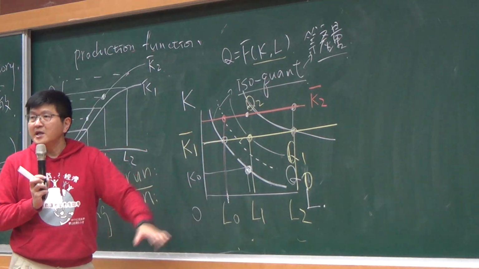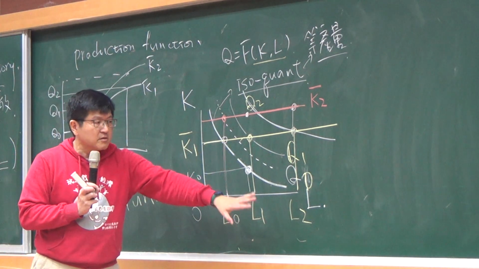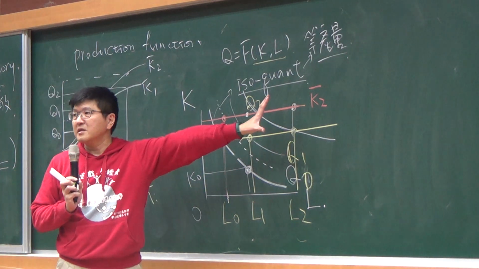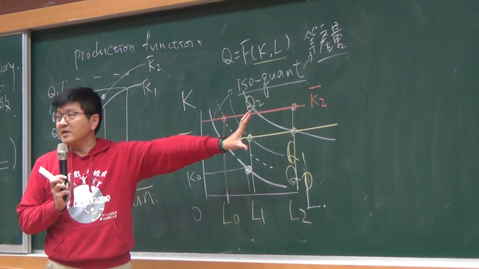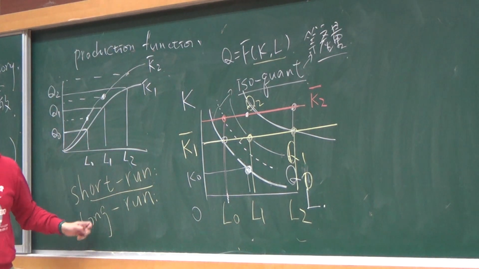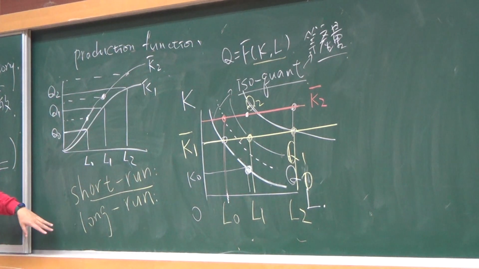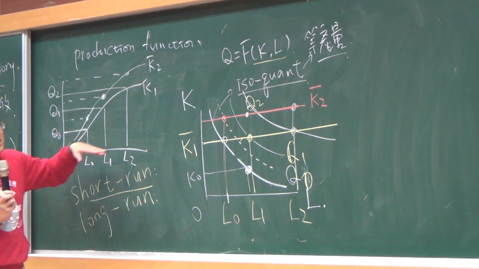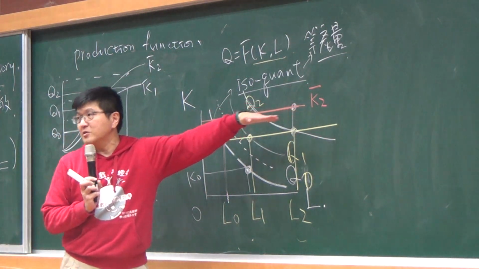But even with the LK isoquant diagram, which is basically for analysis of long-run issues, we may still make some analysis for the short run once you fix the level of capital.